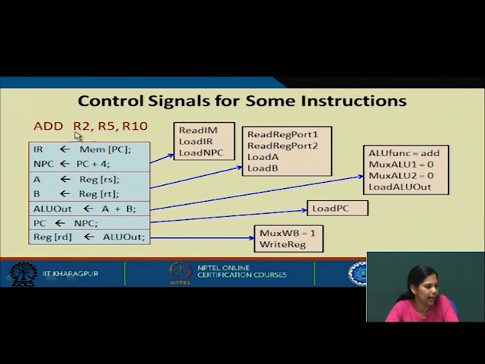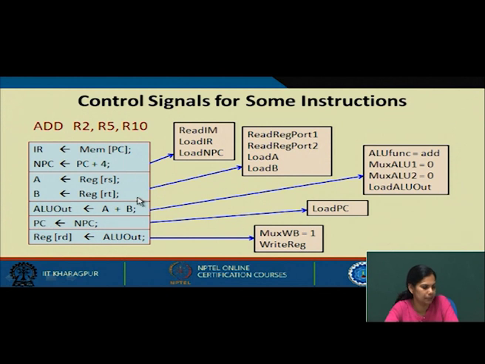Take add R2, R5, R10. Here we fetch the instruction: read instruction memory, load IR, and then load NPC. So, in the first fetch step, these control signals are activated: read instruction memory, load instruction register, load NPC.